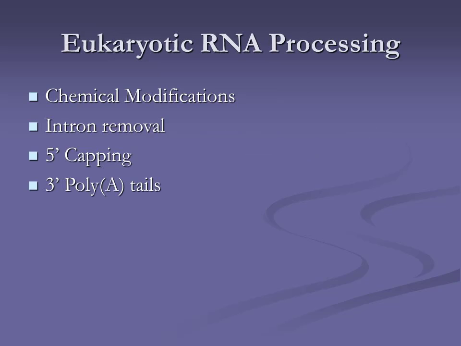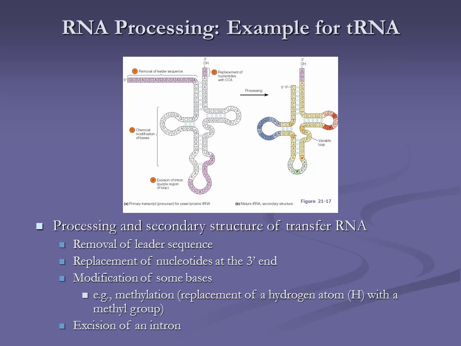So first, chemical modifications. We've got these first couple of sequences, especially of our transfer RNA, that are important for helping attain a secondary structure. Our primary structure is just going to be our nucleotides.